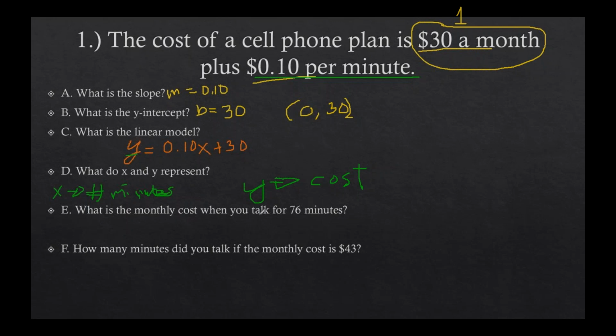Okay, so now let's look at E and F, which are kind of our application problems. So what is the monthly cost when you talk for 76 minutes? What do I do with that 76? I plug it in for x because it's the number of minutes. So I take my formula, y equals 10 cents times 76 plus 30.